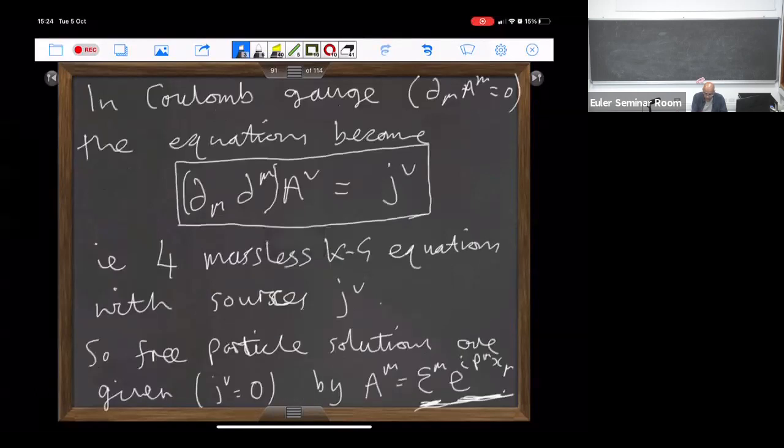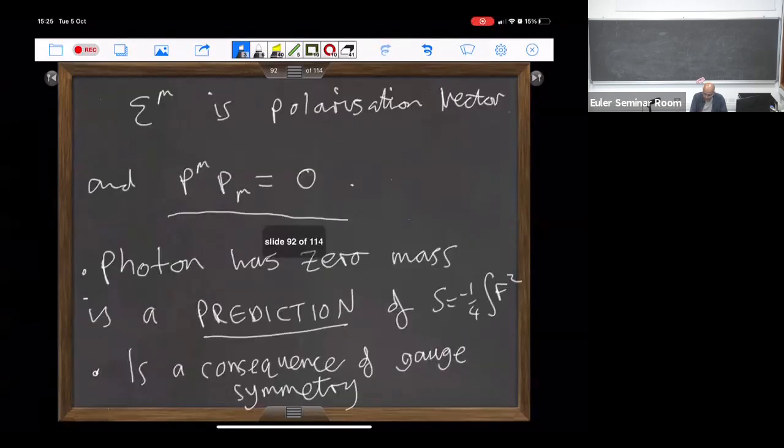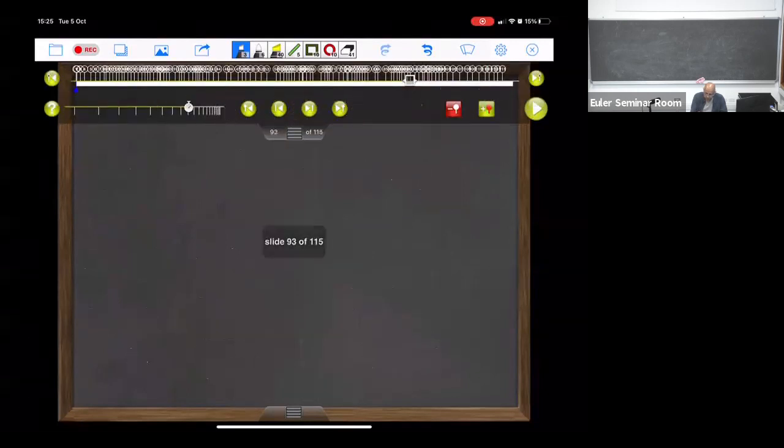Because when we wrote, now this is where the gauge choice comes back.